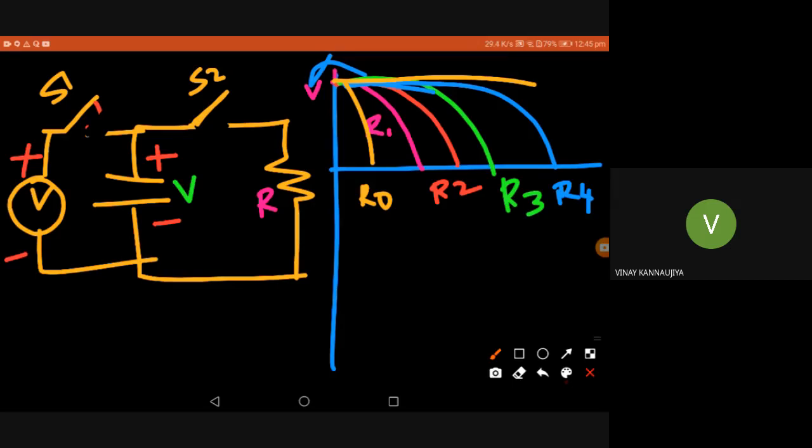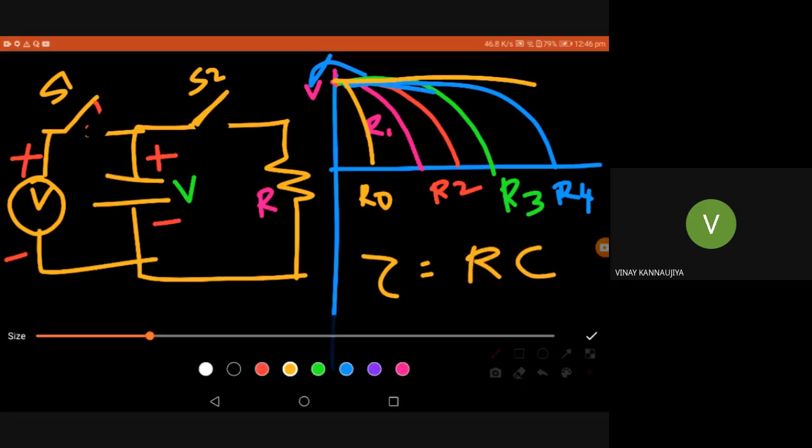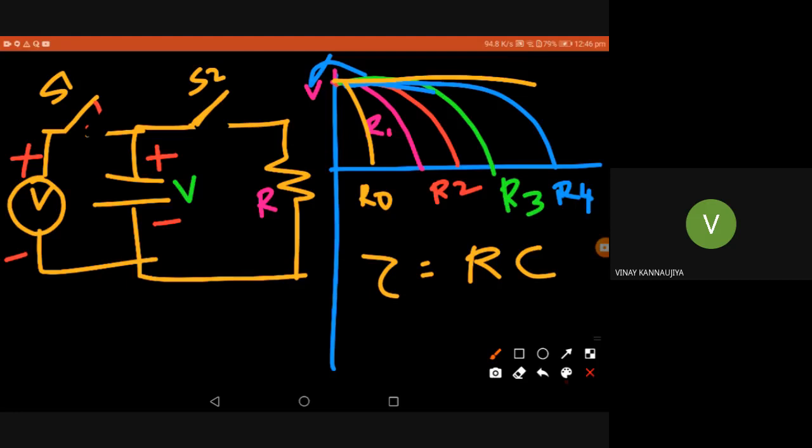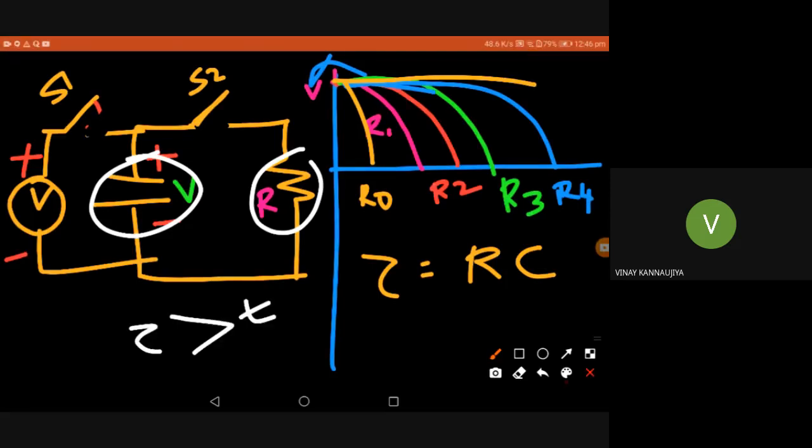That is how, in a clamper, as a designer I keep the discharge time tau equal to RC. You can see here also the delay tau equal to RC, depending upon this resistance and the capacitance. Tau should be taken much greater than T by 2.